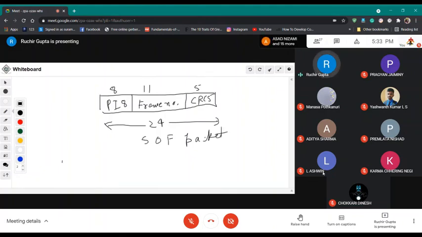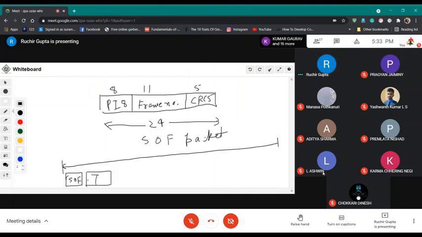If you are talking about a 1 millisecond time frame, how will it look? Just have a look at that. First of all, there will be a SOF, that means start of frame, 24 bits. Then there will be a token packet, let's call it TL, and then a data packet.